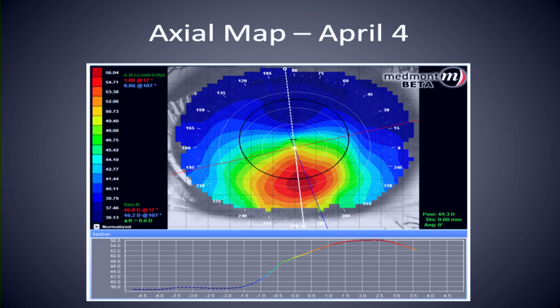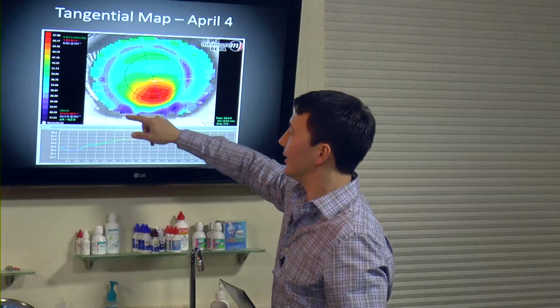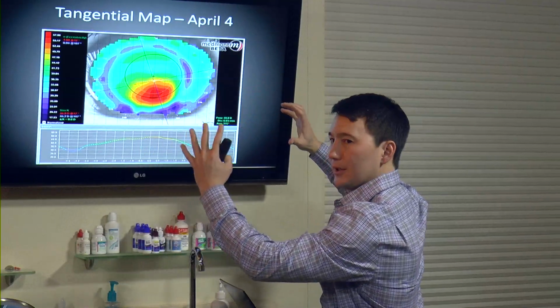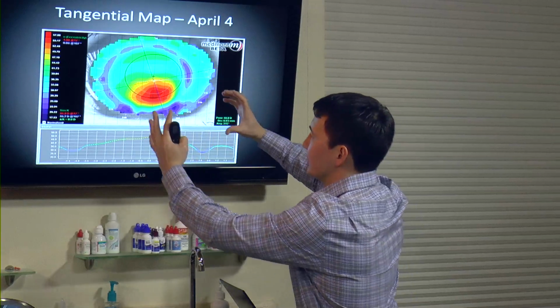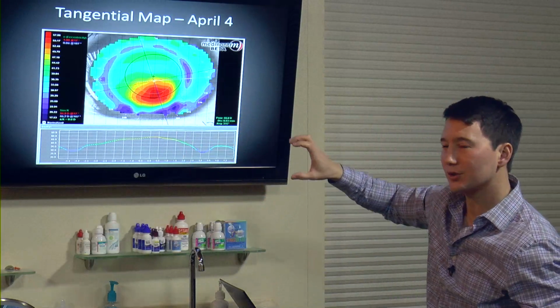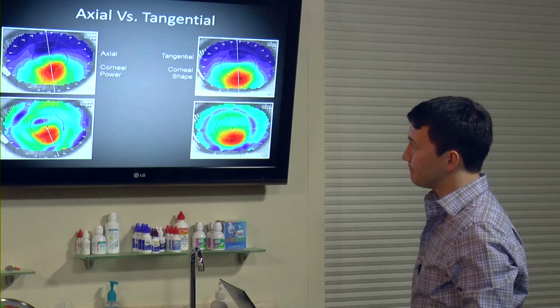So let's go from an axial interpretation to a tangential, and now we can see where our lens is positioned. We went to a larger diameter lens, and now we're using the whole cornea to center our contact lens, not this small steep lens that's just fitting the cap. We're going larger in the keratoconic lens.